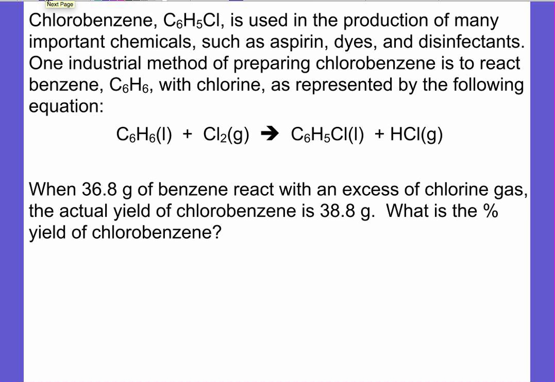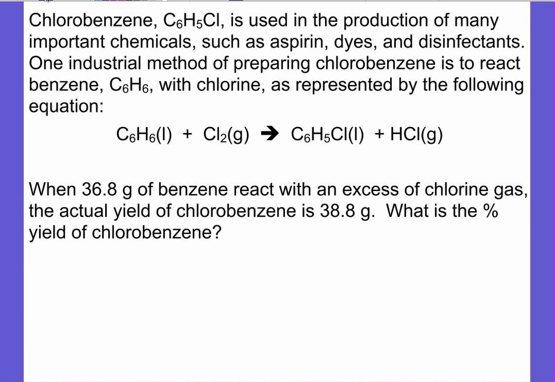So you're going to have problems like this in the future to deal with. So chlorobenzene, C6H5Cl, is used in the production of many important chemicals such as aspirin, dyes, disinfectants, lots of things. One industrial method of preparing chlorobenzene is to react benzene, C6H6, with chlorine as represented by the following equation.